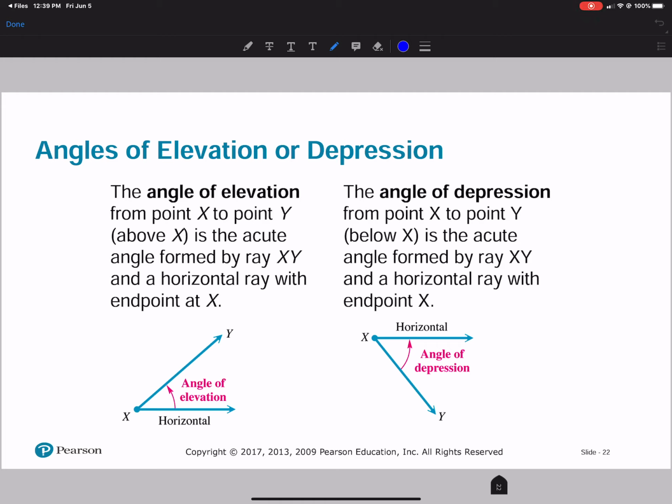The same for the angle of depression, which is from X to a point Y below X. These are considered alternate interior angles. If you remember from your geometry classes, you talked about alternate interior angles. So basically the angle of depression is equal to the angle of elevation.